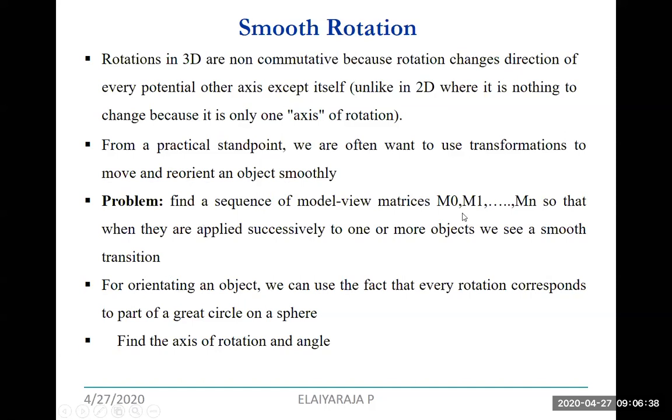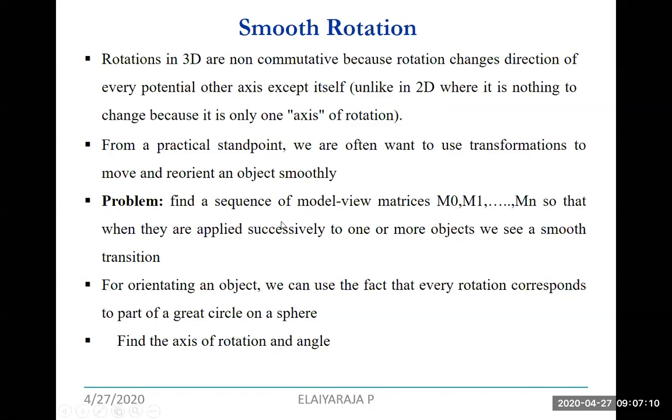If you take any object and rotate it, for example, we have seen spinning a color cube, where we took the color cube, used the model view matrices, and applied them to move from one position to another position with a smooth transition.